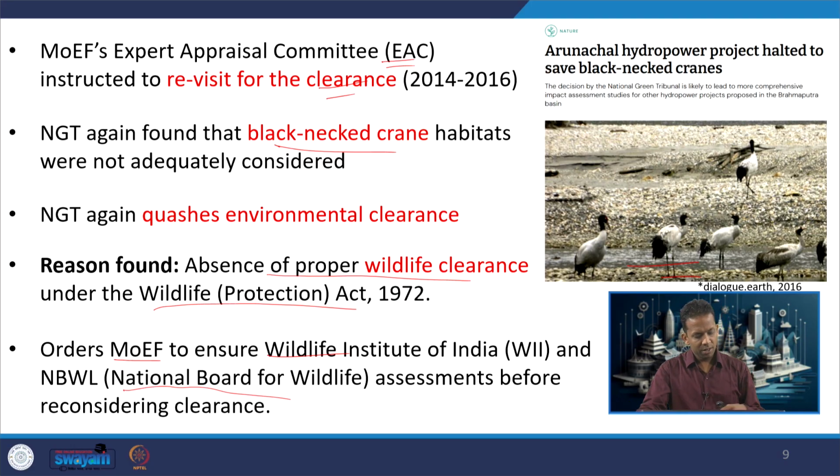These are the wildlife institutes and boards in India which are very closely associated with the Wildlife Protection Act, and if they come into the picture and do some assessments for the ministry and help them get the clearance for the hydropower project, it would strengthen their case.